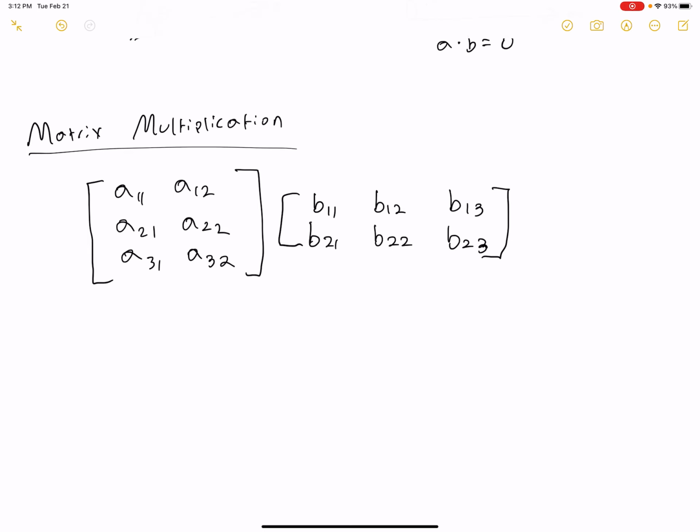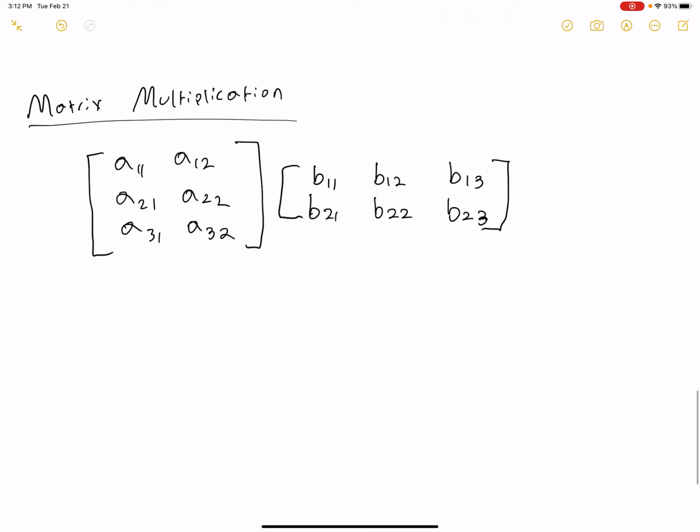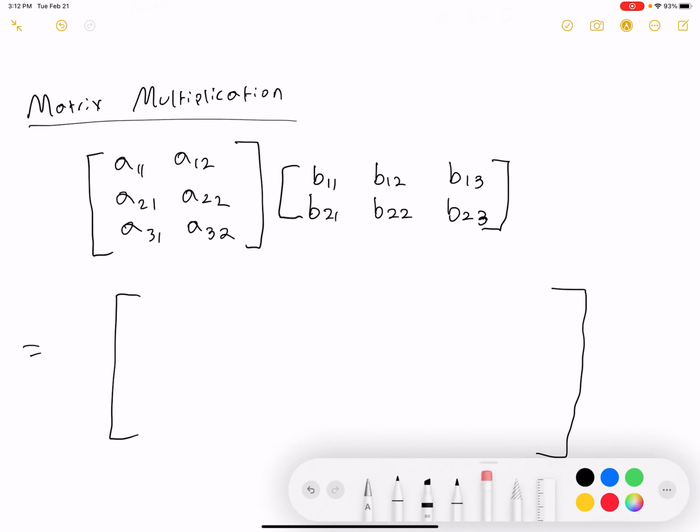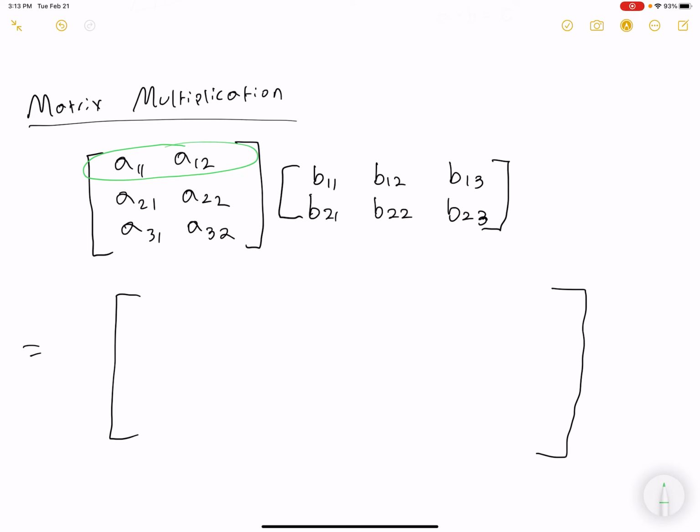Then the way we find the multiplication of the two matrices, the product, is that we select the row that we're multiplying by. So to get this top position, we would look at where the top row of matrix A intersects with the first column of matrix B, and that represents the first element of the product matrix.